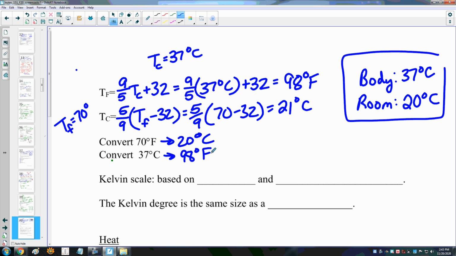The Kelvin scale is based on a completely different thing. It's based on absolute zero. Here's my mercury thermometer, and the triple point of water. So absolute zero, they put this thermometer and they say, all right, this is the 0 Kelvin mark, and the 0 Kelvin mark is the point at which all motions cease.